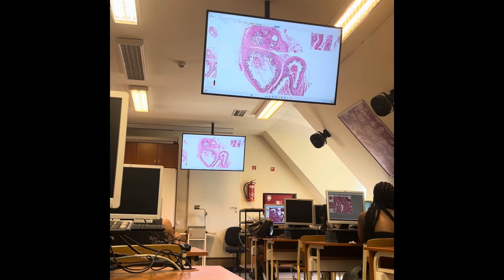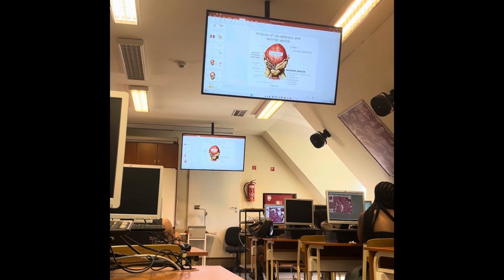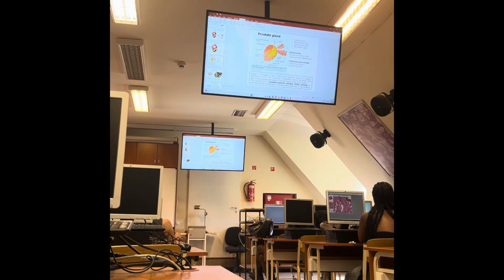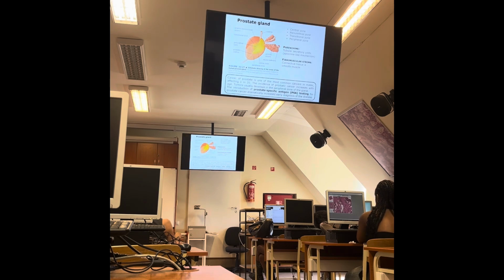Okay, so then let's change to the prostate gland. That will be the next slide, and before I show you this specimen, I show you a summary image. So the prostate gland is penetrated by tubular structures.